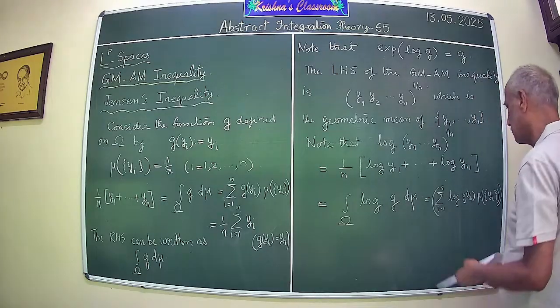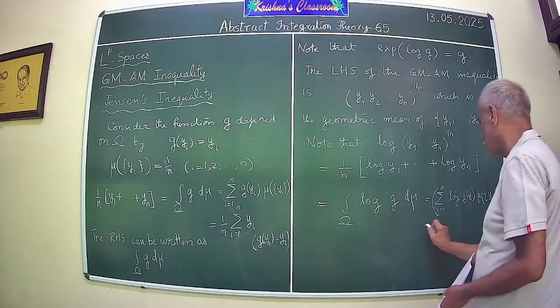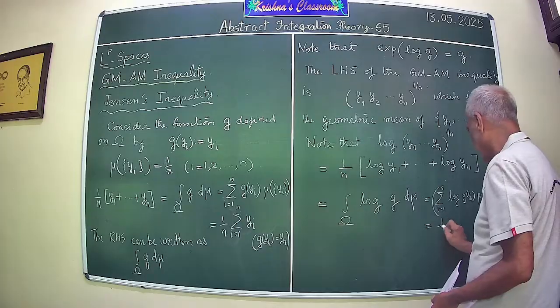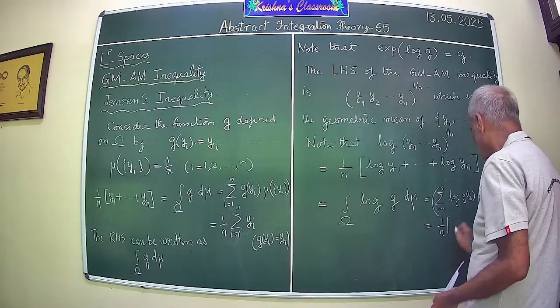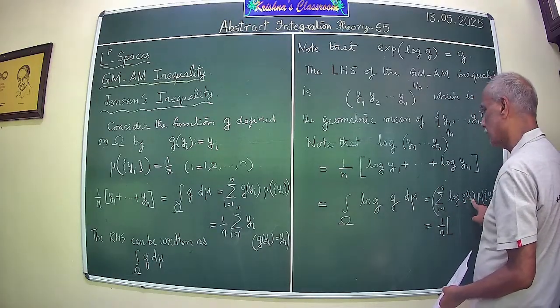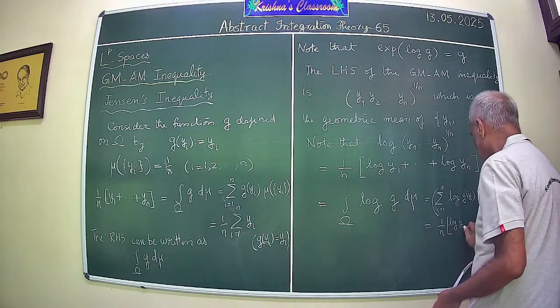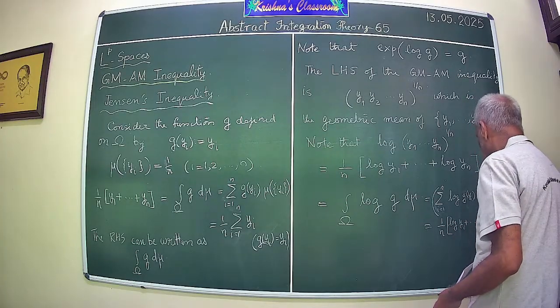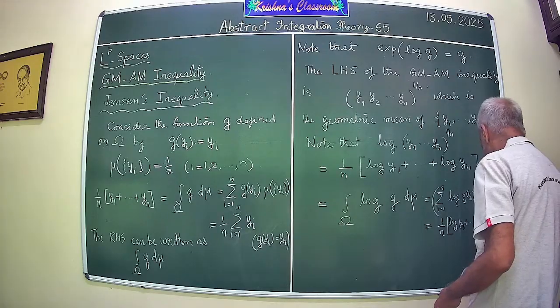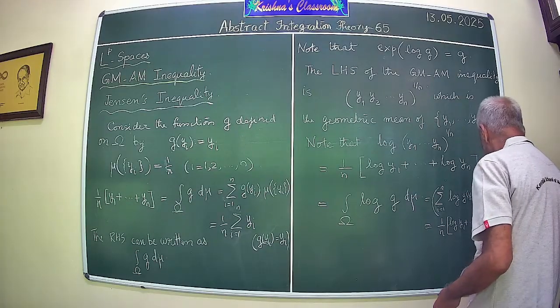What is that? This is equal to 1 by n, log G of yi is yi, therefore this is log y1 plus, yn.